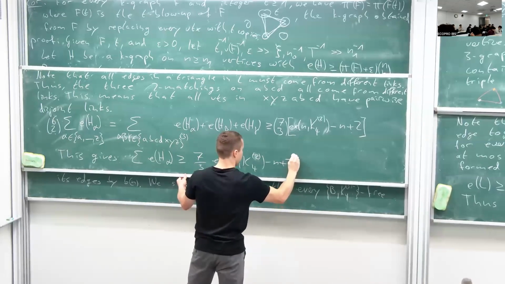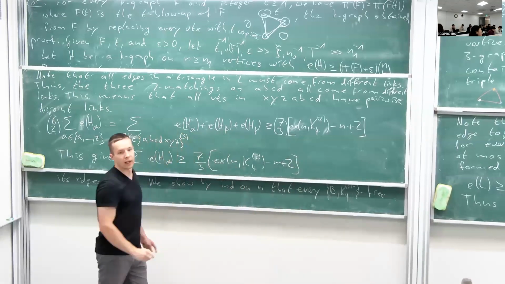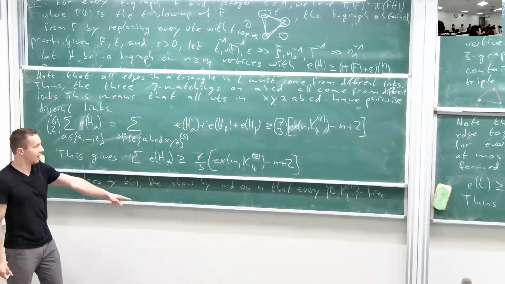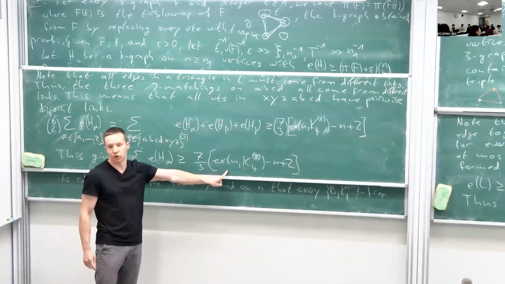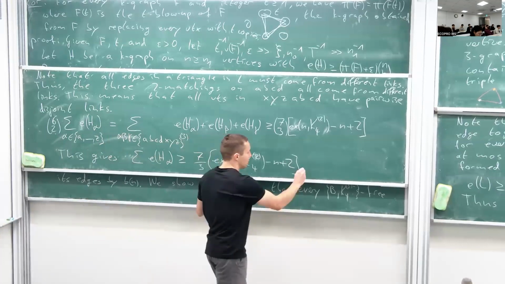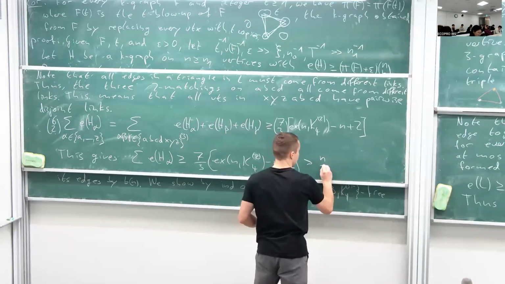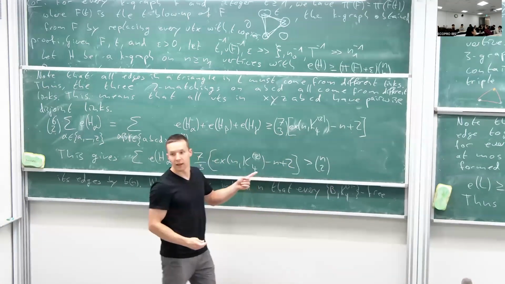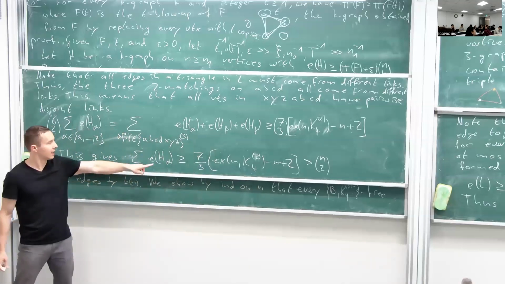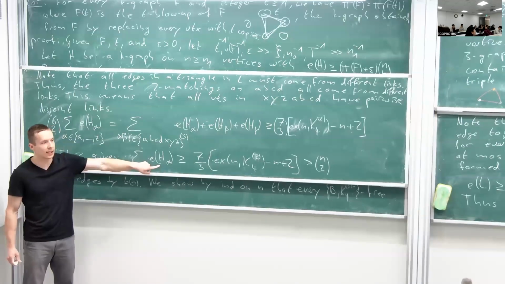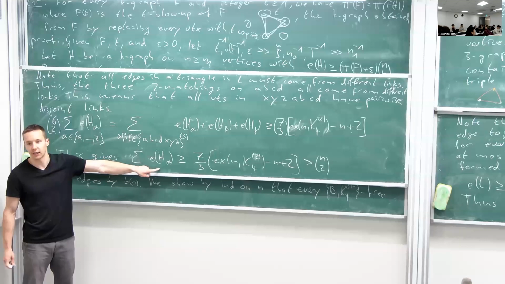And get this. But this thing here is more than n choose 2. But we said that these 7 vertices almost have pairwise disjoint links.